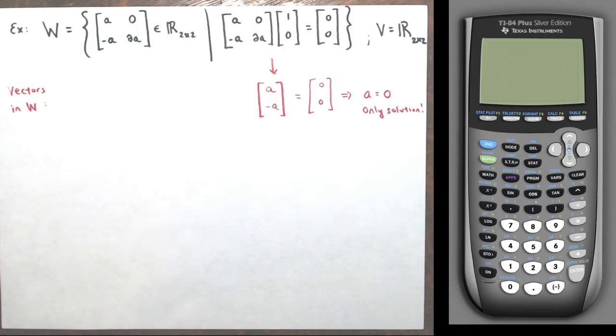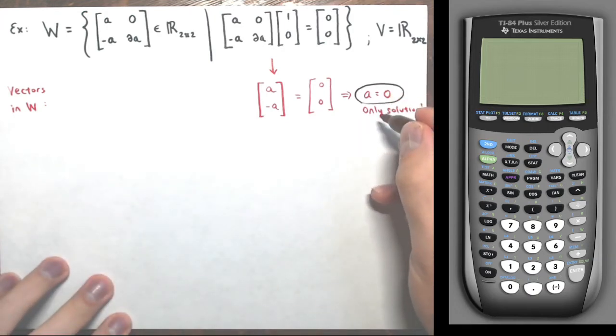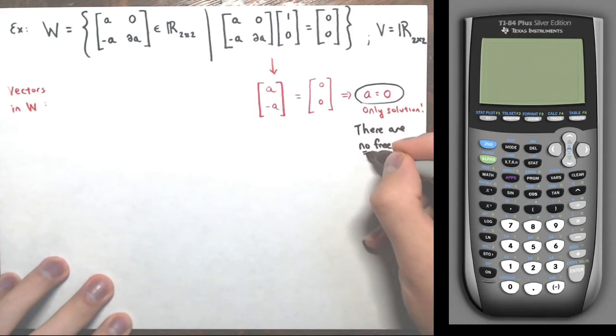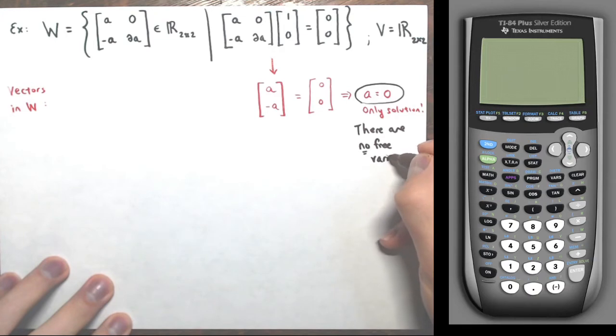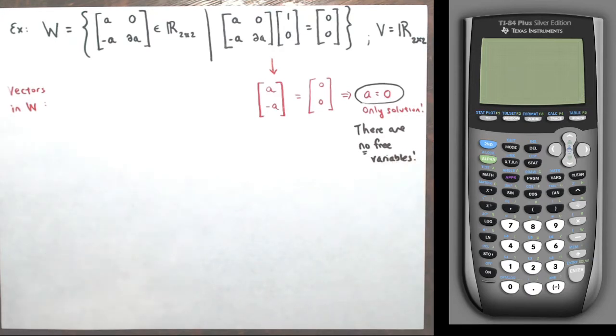So there are no free variables here. A has to be 0. There are no free variables in this problem. So that means that there's going to be no vector in a basis for W.